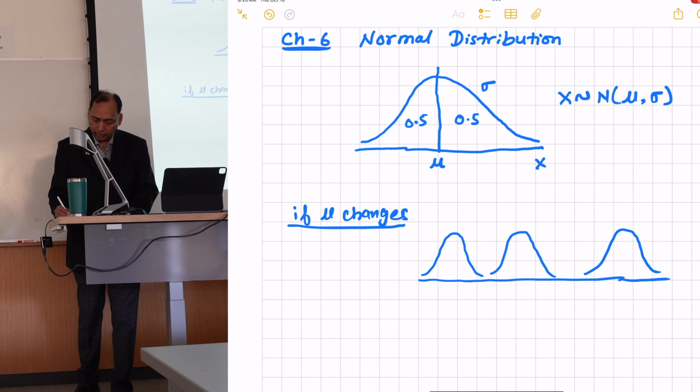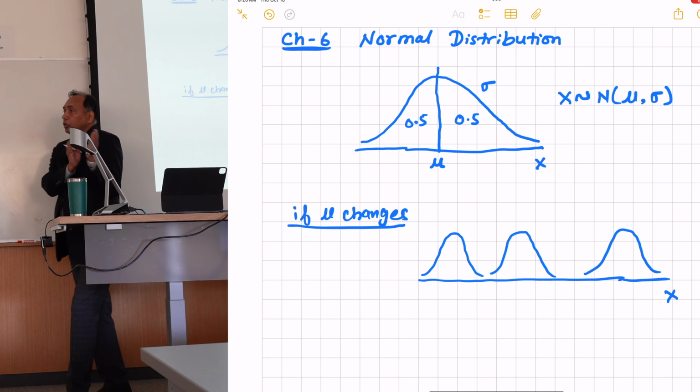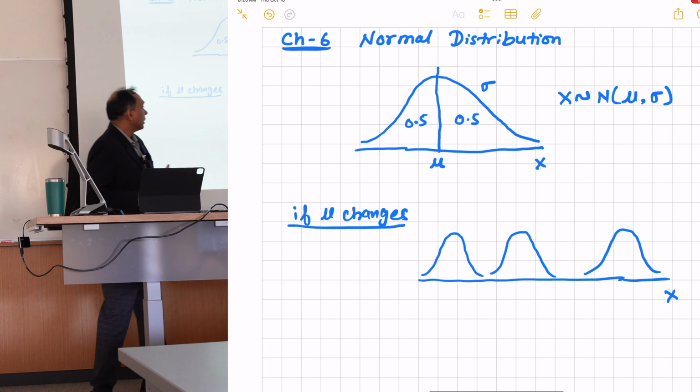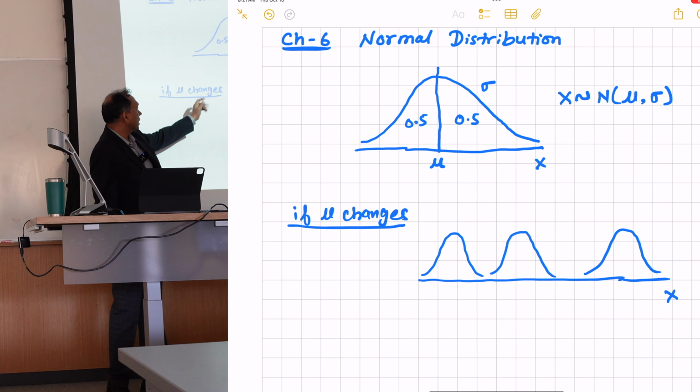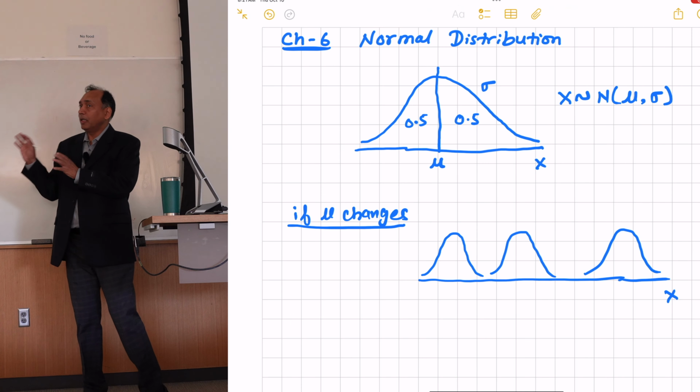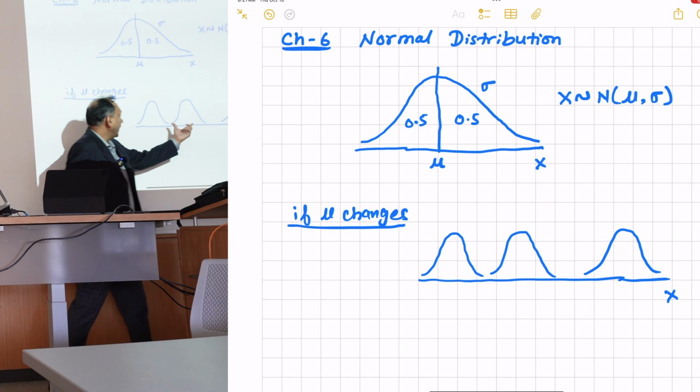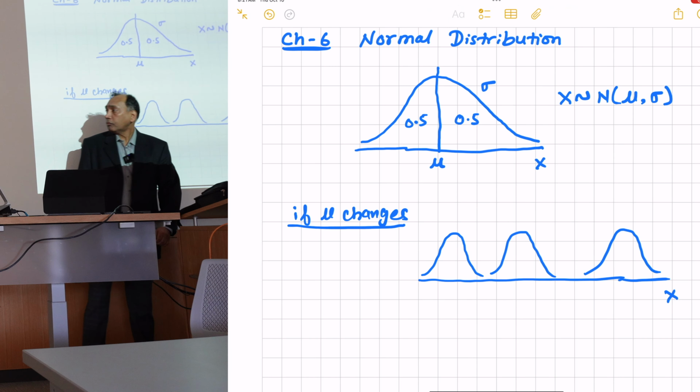For some variable x, the distribution will shift to the lower side or higher side depending on how much this mu changes, assuming that variability is the same. Variability is captured by how wide this distribution is.